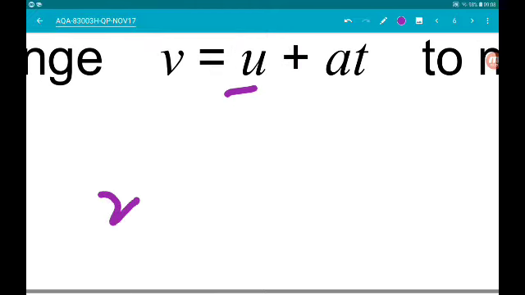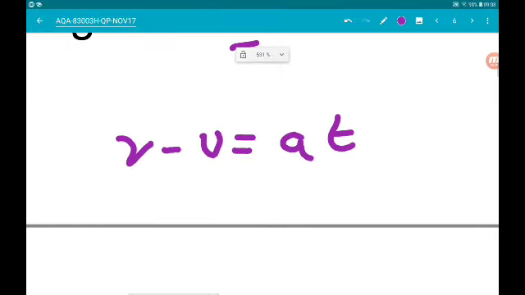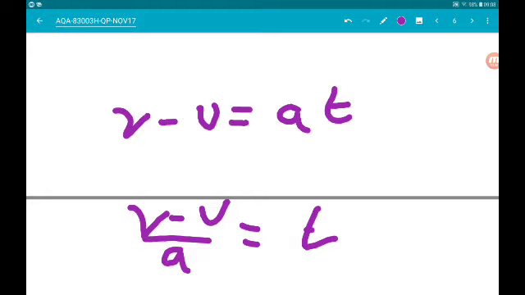Then we get v minus u is equal to at. And then we need to get rid of the a. So at means a times t. So we're going to divide through by a. So v minus u over a is equal to t. Done.